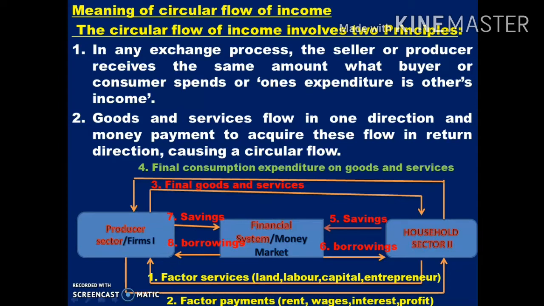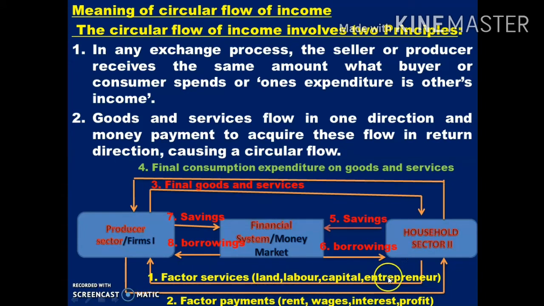You can see here. Okay, so next, third is final goods. When we are giving factor payments for factor services, we get something in return. You can see the same arrow going up. You just see factor services. What are the factor services?